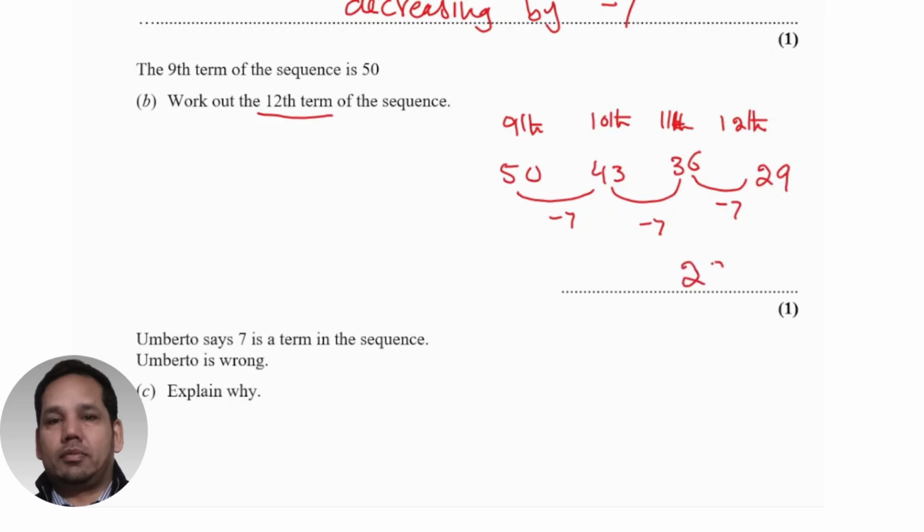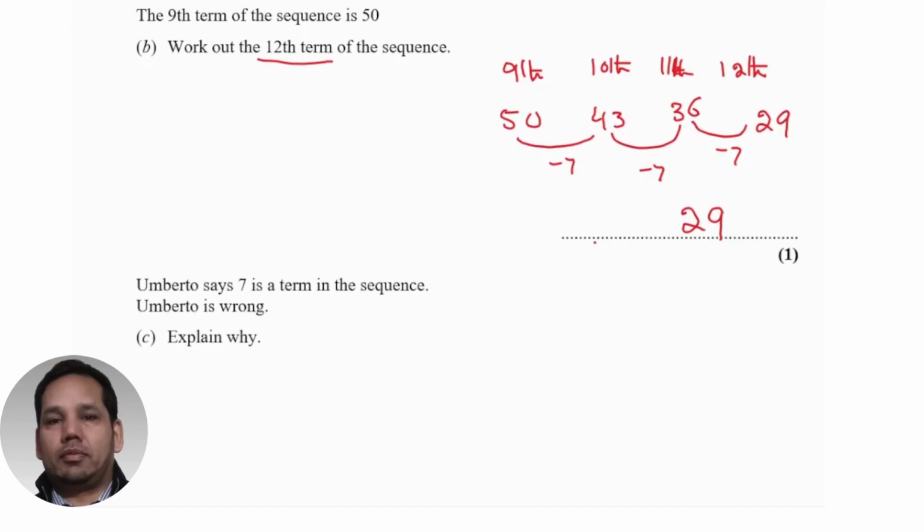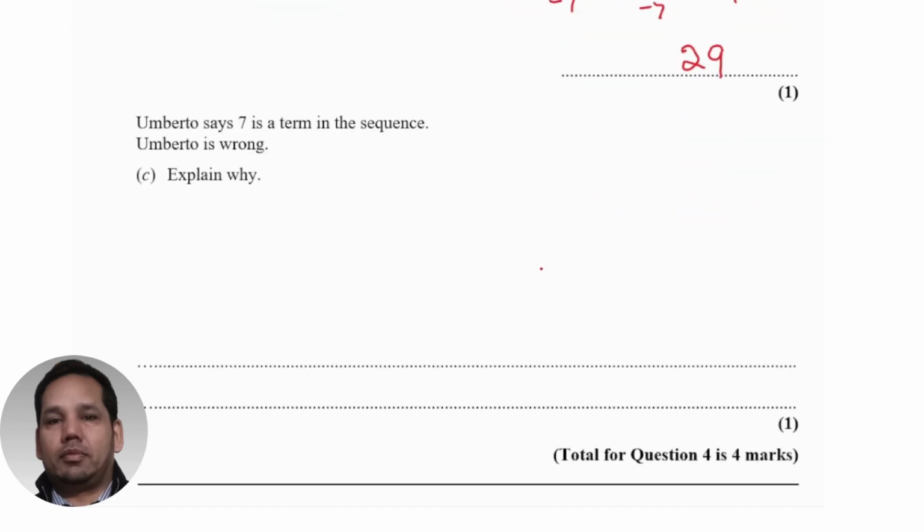So this is easy, simple logic, because we know the rule. The rule says decrease by 7. So I did exactly the same thing, starting with the ninth term is 50. If you reduce 7, you get the 10th term. If you reduce 7 again, you get the 11th term. If you reduce 7 again, you get the 12th term. Okay, let's move on to the next one.